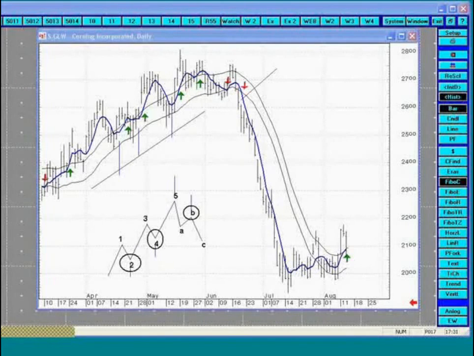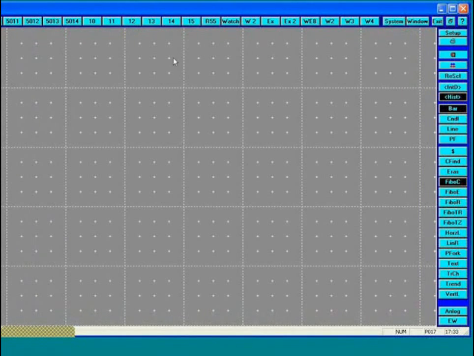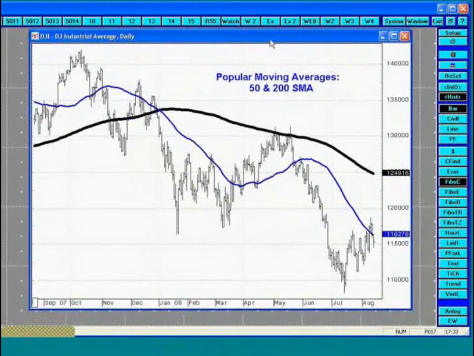Let me move on to the next section. I don't want to get too ahead of myself with my slide presentation happening. There's a few settings I do want to mention, and I'll be telling you about their usage as well. Probably the most popular moving averages is the one in front of you right now.